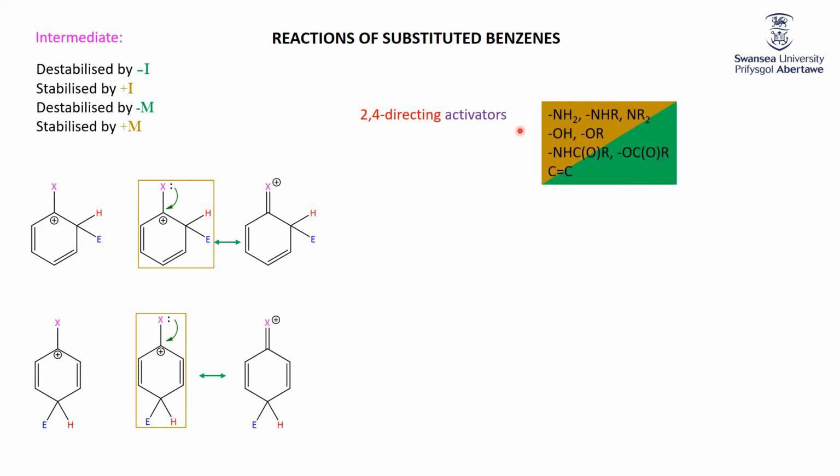First of all, we have all of these first three lines here, which are all going to be ones that have a negative inductive effect, because you've got nitrogens and oxygens bonded to the ring, which is nasty, but they've got a really big positive mesomeric effect. So the positive mesomeric effect takes care of the negative inductive effect.